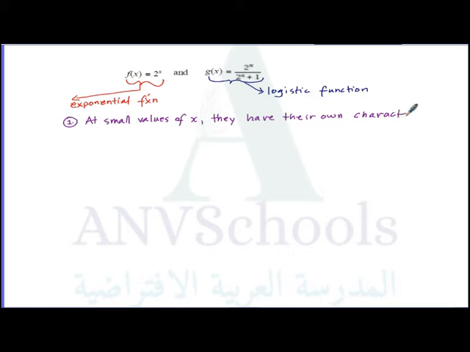And what do I mean by small values of x? When I say small values of x, these are domains or x values such that the values are small, like in the case of -2 to 2. Maybe we can still put -10 up to 10.